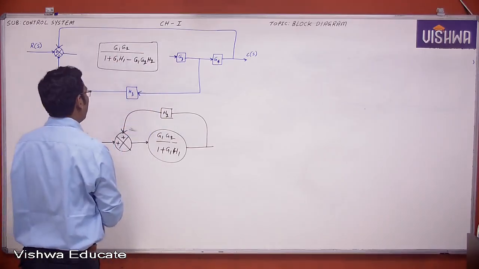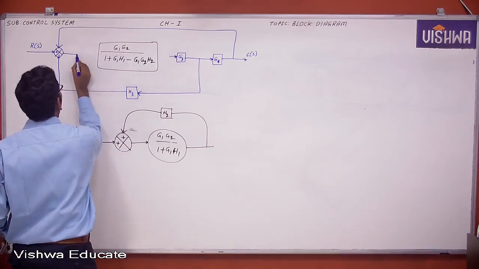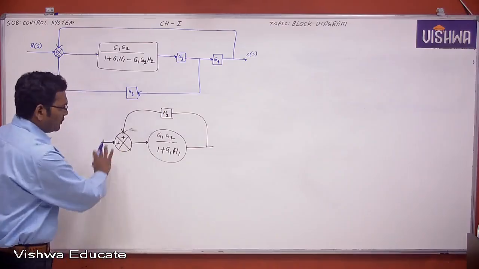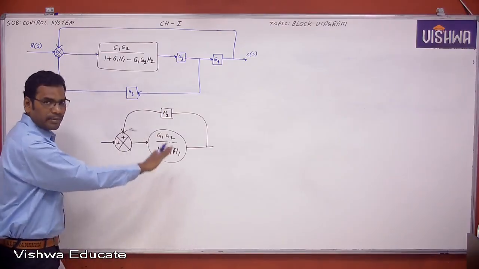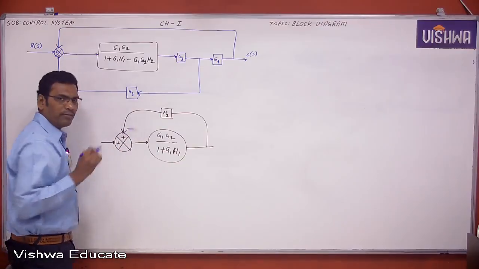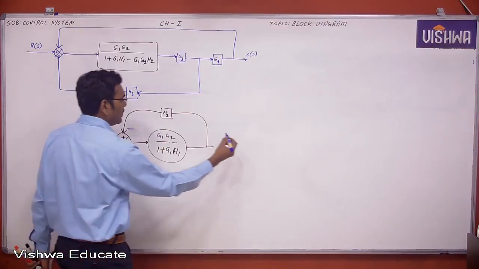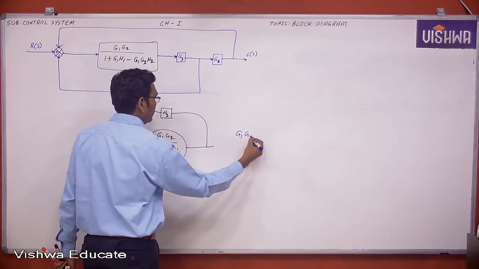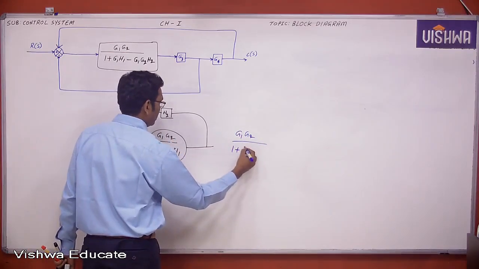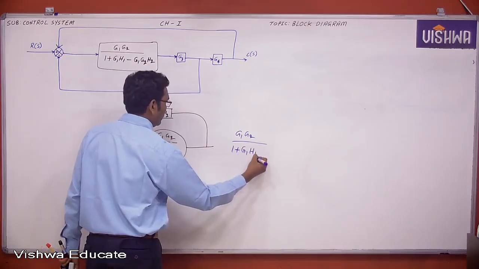Previously also I explained the same. Suppose this is the same situation, again I am explaining, but this is the negative feedback. How can you write? As it is first, G1 G2 by 1 plus G1 H1 as it is.